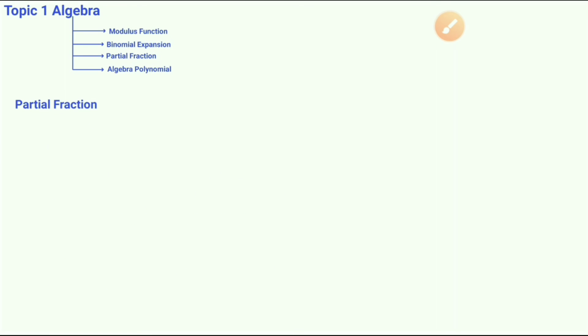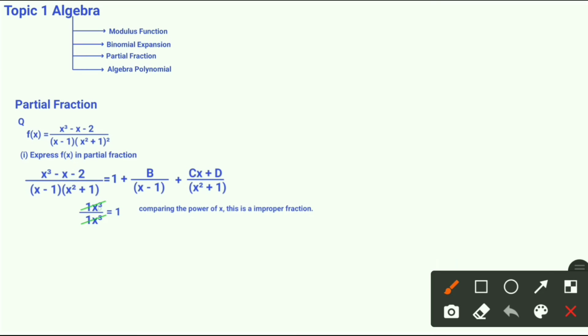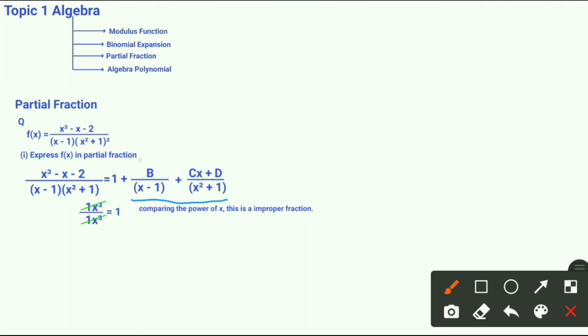And there you go. Express this in this way. This one is an improper fraction. If you look closely, the power of x is 3, which means yes, this is an improper fraction. And then we try to see the coefficients, 1 upon 1 is 1, so we get an extra value. And the rest of it is the same thing.